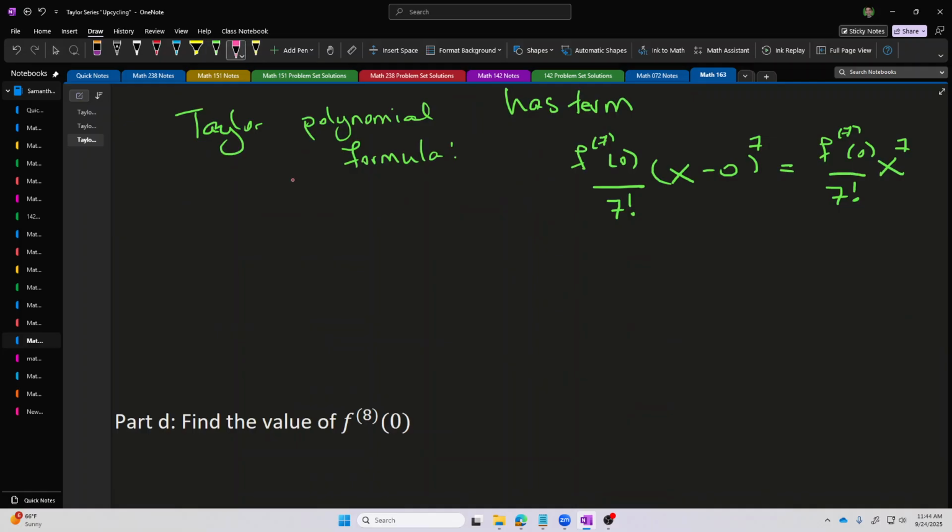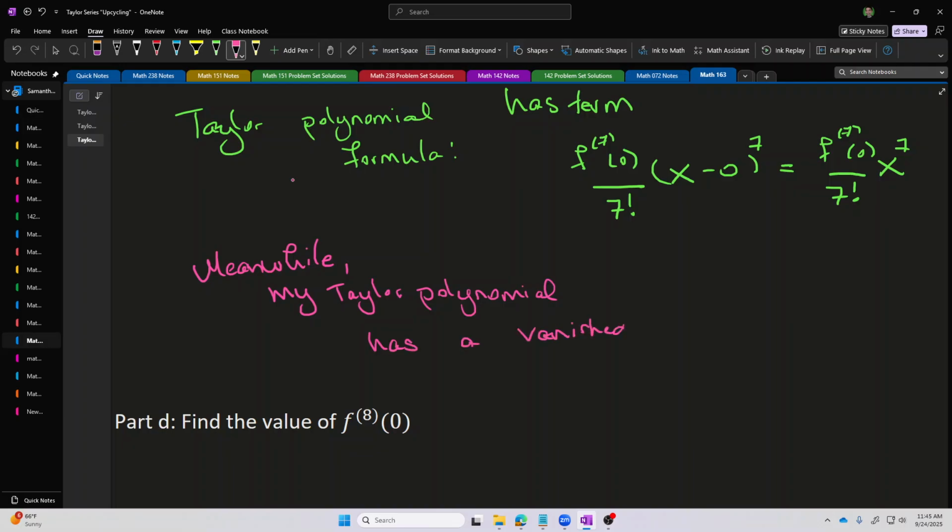So let's note that as well. Meanwhile, my Taylor polynomial from part B has a vanished x to the 7 term.